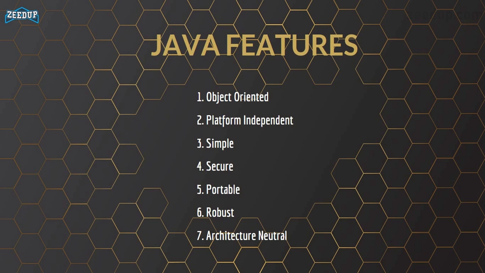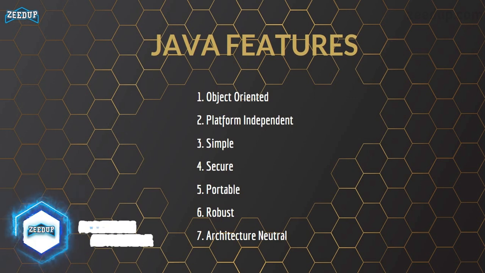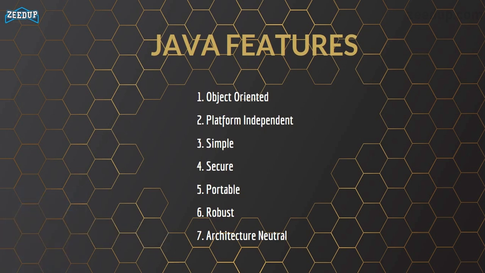Rather, it is compiled into a platform-independent code known as bytecode. The compilation process is the conversion of Java code into something that a computer can understand. So, it is compiled into bytecode, which is platform-independent. This bytecode is then distributed over the web and interpreted by a virtual machine known as the JVM on whichever platform it is being run.